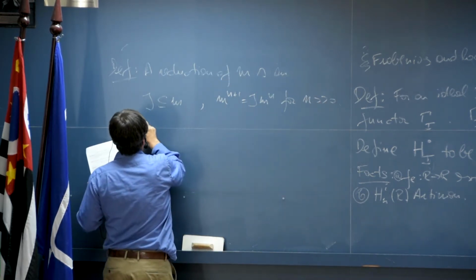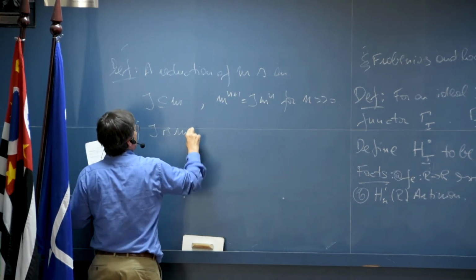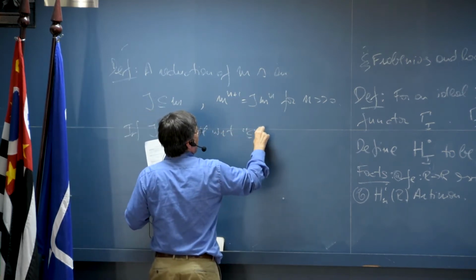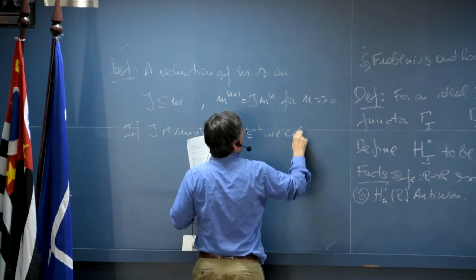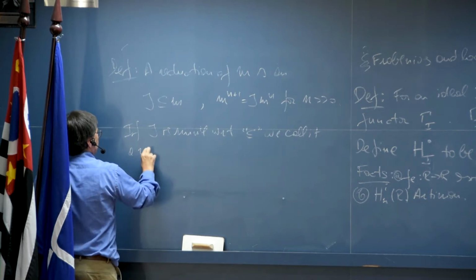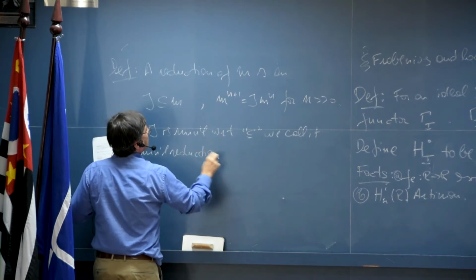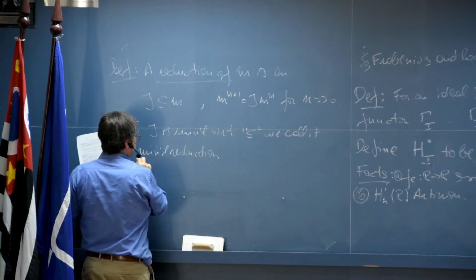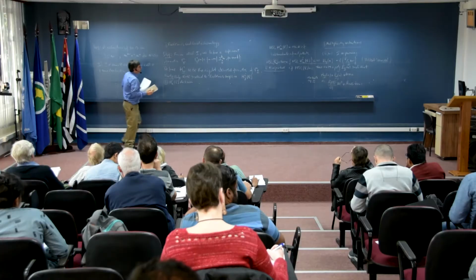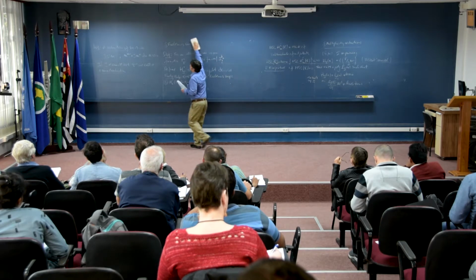And if J is minimal with respect to inclusion, we call it a minimal reduction. So this is what I'm defining for you here. And these are going to be the ingredients that we need to bound multiplicities.